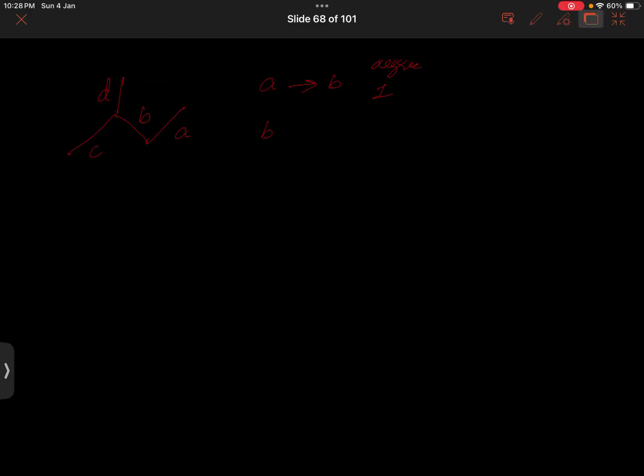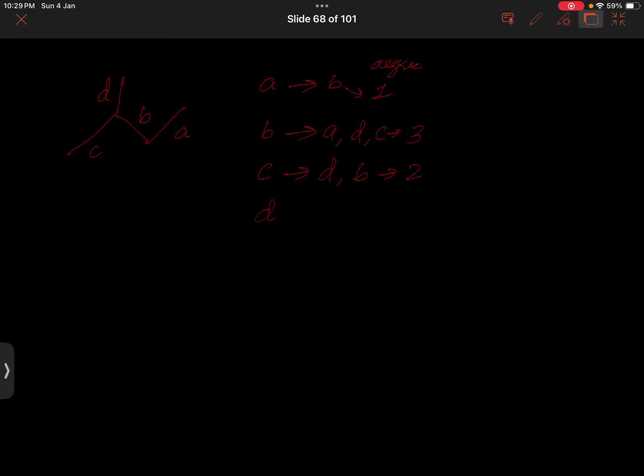Then if you take B, B is attached to A, B is attached to D, B is attached to C. So therefore its degree is 3. Then if you take C, C is attached to D and C is attached to B edge. So therefore its degree is 2.